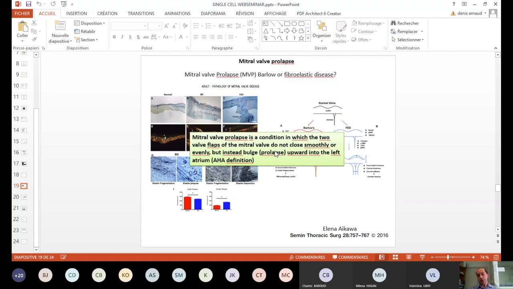Because they enlarge, they change morphology, and the leaflets, instead of closing properly, cannot close anymore. This means there will be a leakage: the valve opens but doesn't close very well, and the blood flow can go back into the ventricle, which is a very bad prognosis for the function of the whole heart.